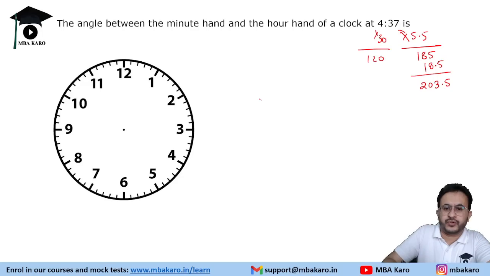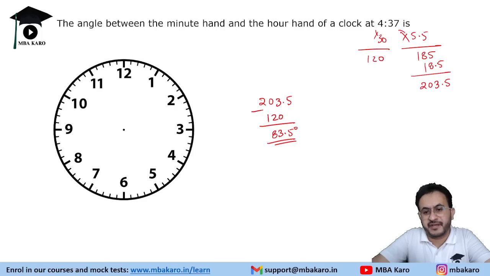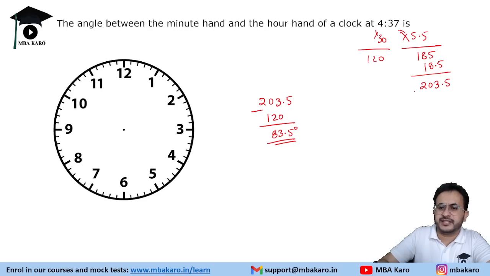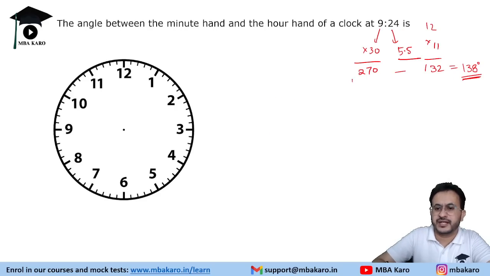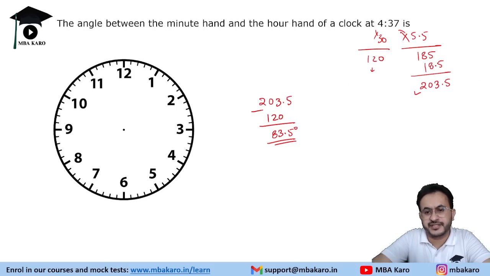So 203.5 minus 120, we will have 83.5 degrees. So at 4:37, the angle is 83.5 degrees. So straightforward: multiply h by 30, m by 5.5, whatever is the difference, that is your answer. It does not matter which value is larger. In this case this was large, this was small; in the previous case this was large and this was small. So you just have to take the difference between these two values.